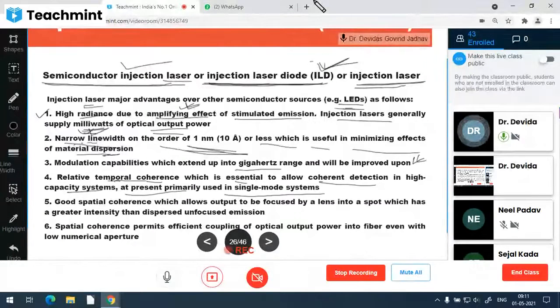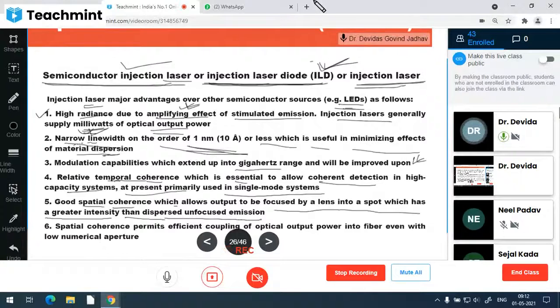Also, good spatial coherence is observed due to the active region. If you make the active region laser, then space, that is spatial coherence, is also observed in good form, which allows the output to be focused by the lens on the fiber for launching the light with greater intensity than the dispersed, unfocused emission.